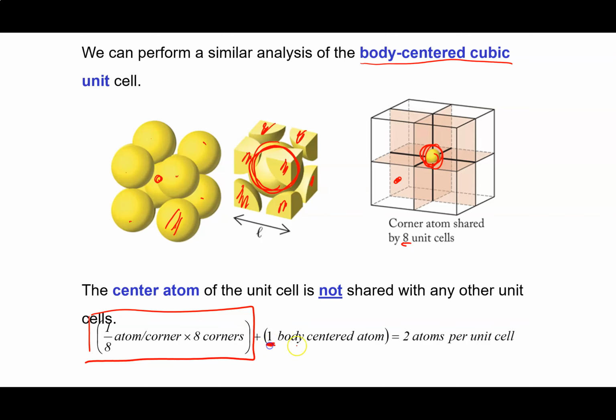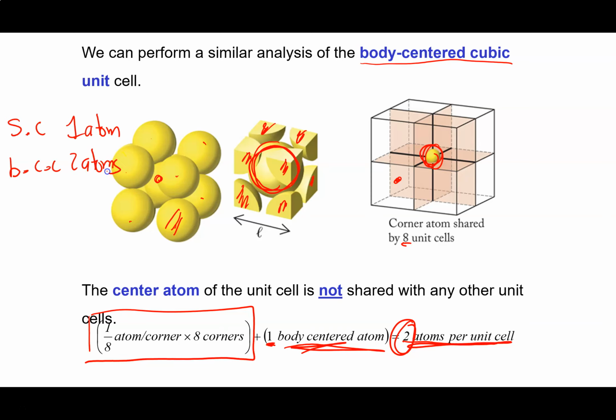So you get an additional atom in the body-centered cubic unit cell for the one that is in the middle of the unit cell. We call that the body-centered atom. So the body-centered cubic unit cell has 2 atoms per unit cell. Let's keep a tally. Simple cubic, you get 1 atom. Body-centered cubic, you get 2 atoms per cell.